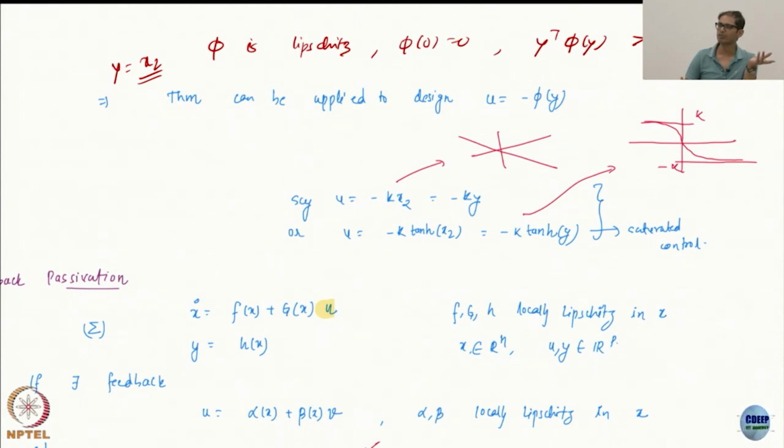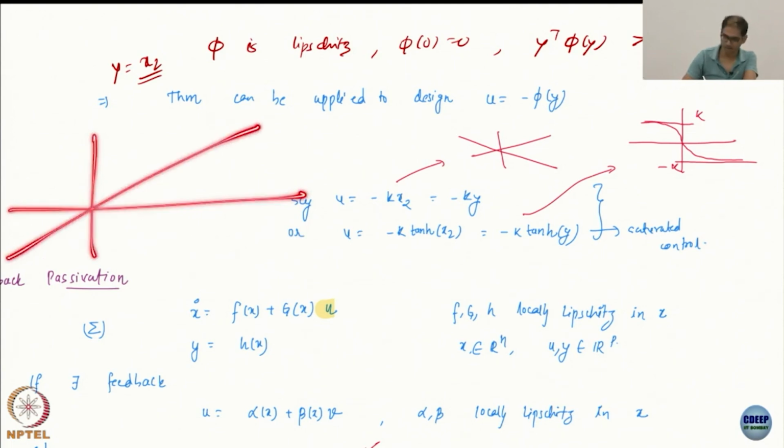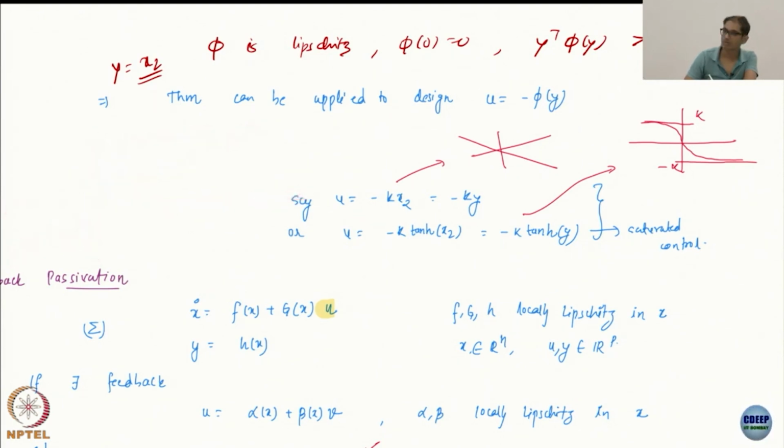You can also have a non-smooth saturation function, but this is a smooth saturation function. So, instead of taking minus k x2, I can take minus k tan hyperbolic x2. This is a very nice function, it is 0 only at 0, so it satisfies this property also.